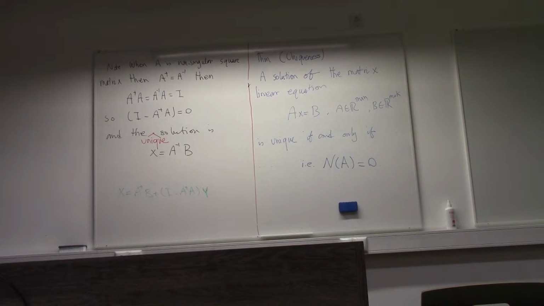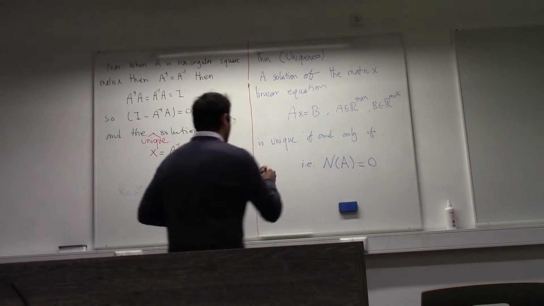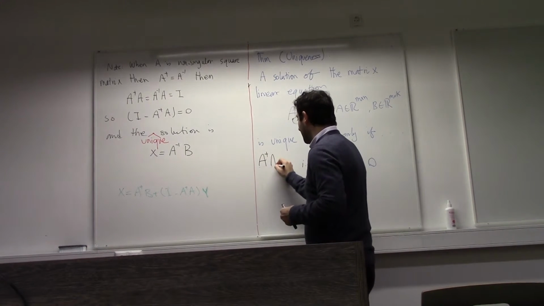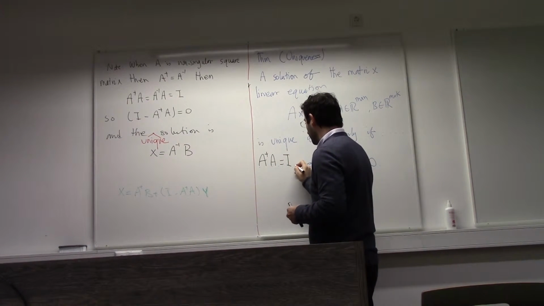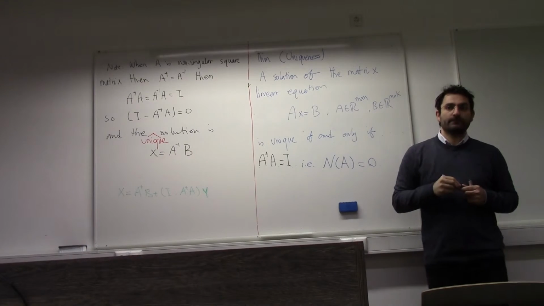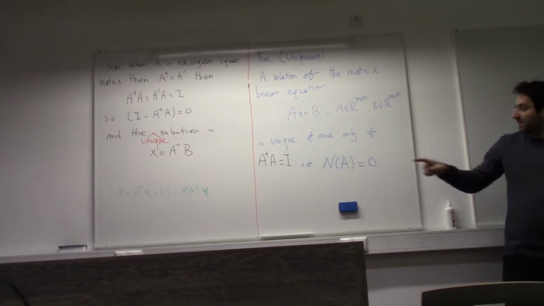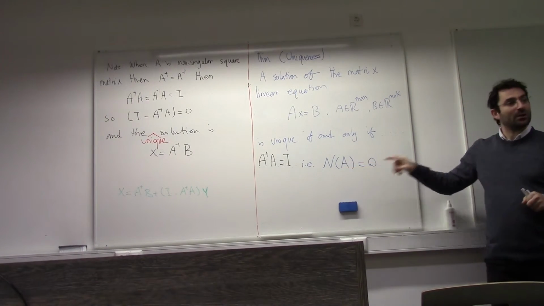Either y equals to 0 or I minus A plus A equals to 0, which means I equals A plus A, if and only if A plus A is equal to I, which means null space of A equal to 0.